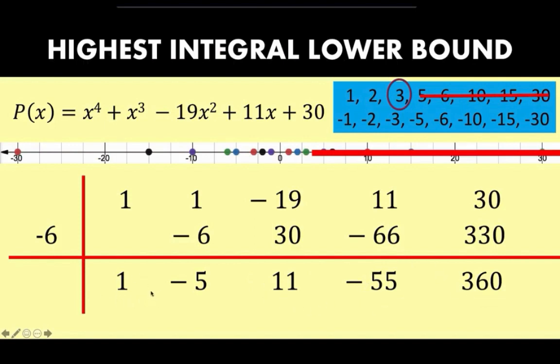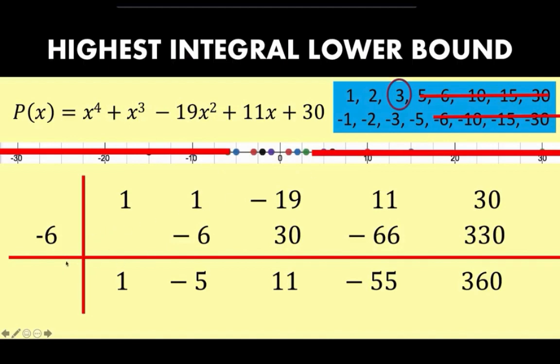When the signs in the last row of the synthetic division are alternating, then this divisor, in this case negative 6, is a lower bound. It could start negative or positive, as long as the signs are alternating. Then we say that whatever is the value of our r, that possible root is considered a lower bound. And that eliminates negative 10, negative 20, negative 30, and negative 15 from all the possible negative roots.